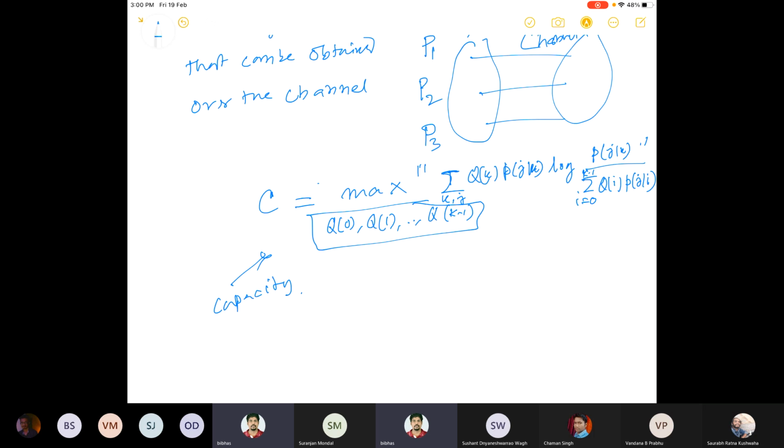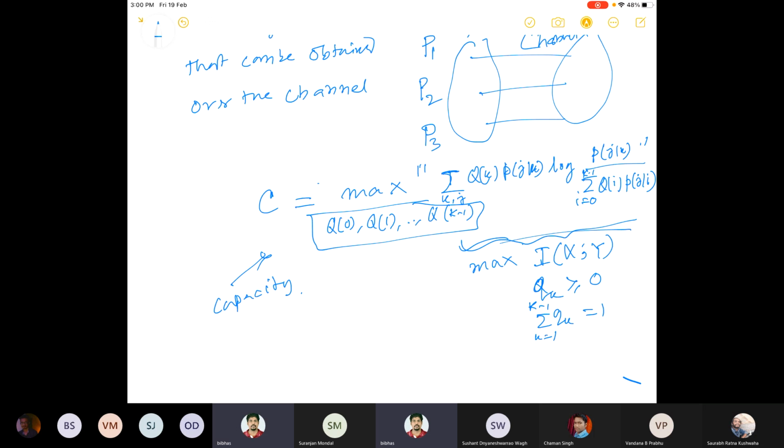So I have to maximize the function, which is I(X;Y), the average mutual information, subject to the constraint. There are k numbers, and all these numbers qk are greater than or equal to 0, and the sum of these qk is equal to 1.